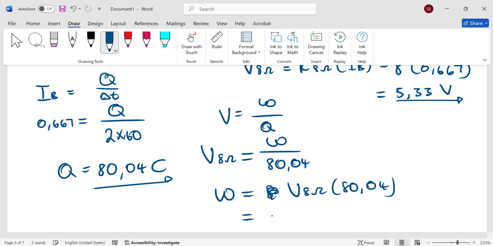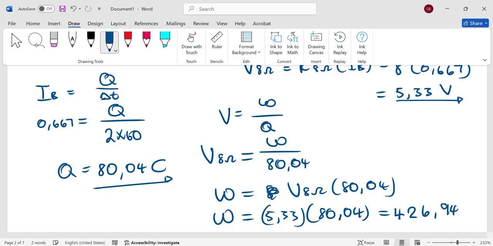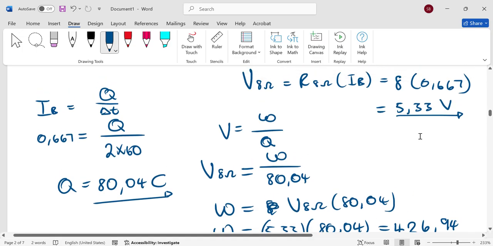So that should give me a value of 5.33 times 80.04, so my W will be 80.04 times 5.33, and that gives me a value of 426.94. And now if I look at this, I think about the rounding off error.